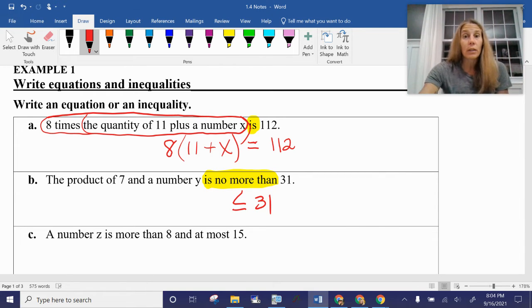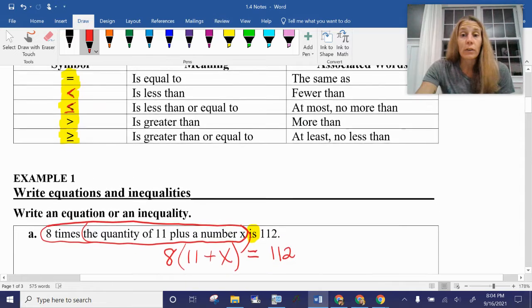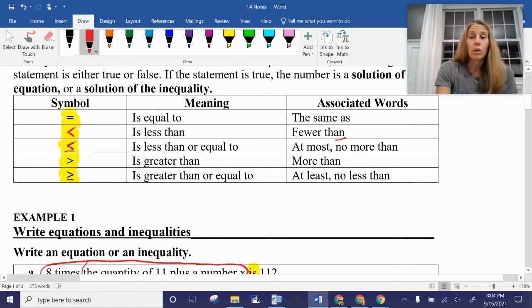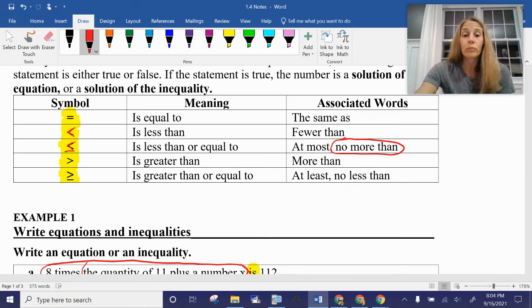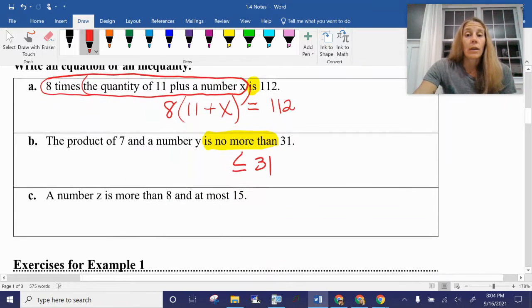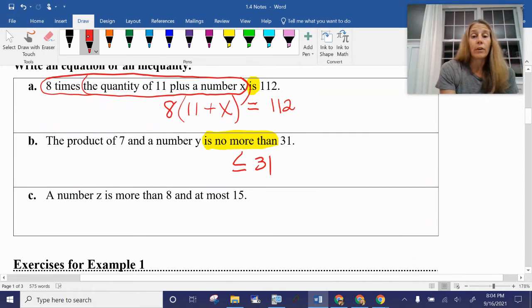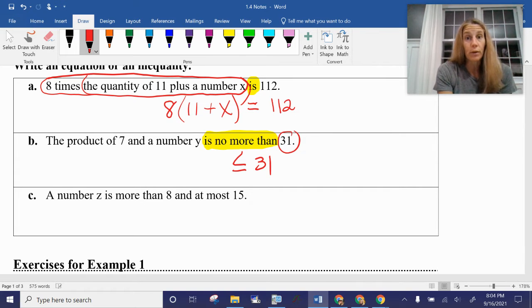And you can use that little chart that we did in the beginning if you're not sure at first. So "is no more than", if we look up here at our chart, "no more than" was a less than or equal to. Now, we already have our symbol. We have whatever's going to go on the right-hand side because there was just that 31.